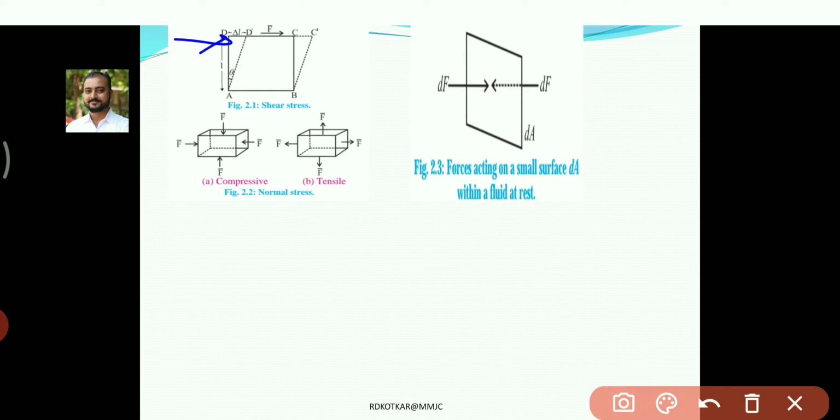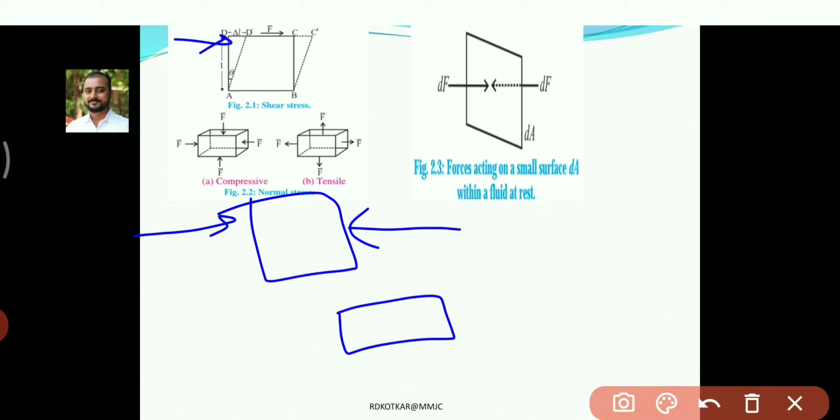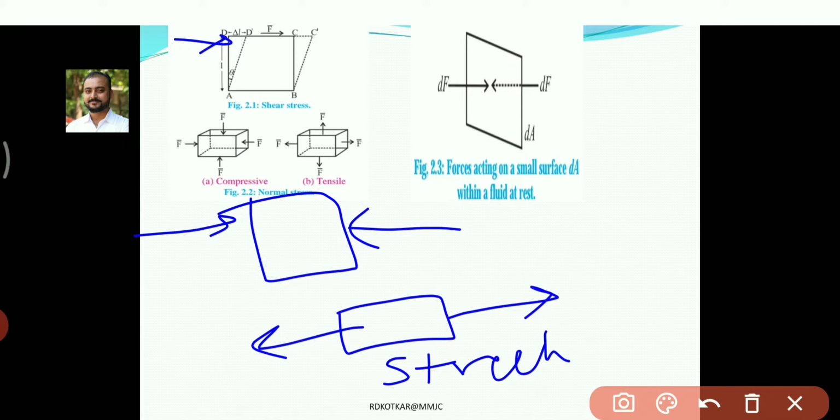What is compressive? The force acting externally towards the body. And what is tensile? It will be acting like this. Here we can say the stretching of the wire, while here we can say the compressing. So this is your compressive stress and this is your tensile stress.